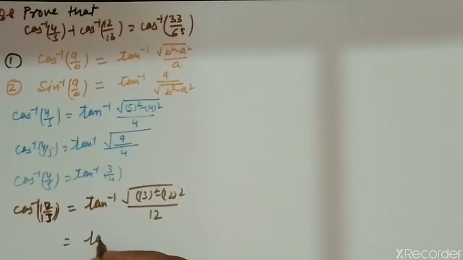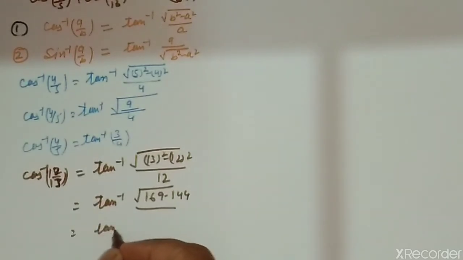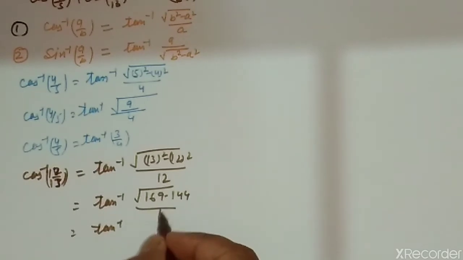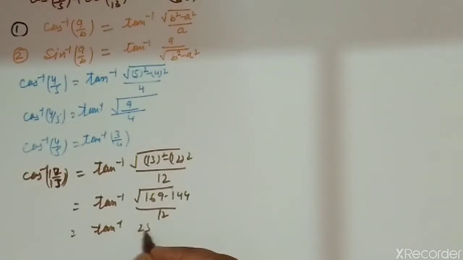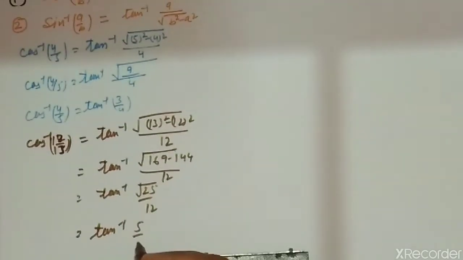So tan inverse of under root 169 minus 144, that is 25, upon 12. So root 25 is 5, and we can write it as tan inverse 5 upon 12.